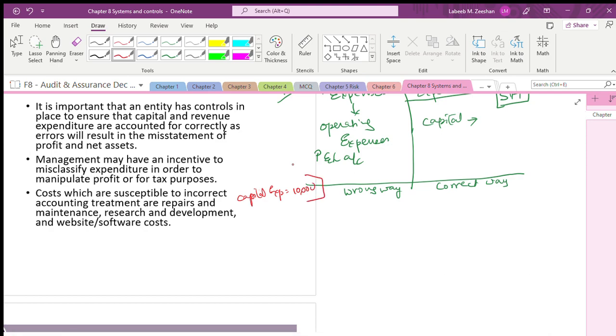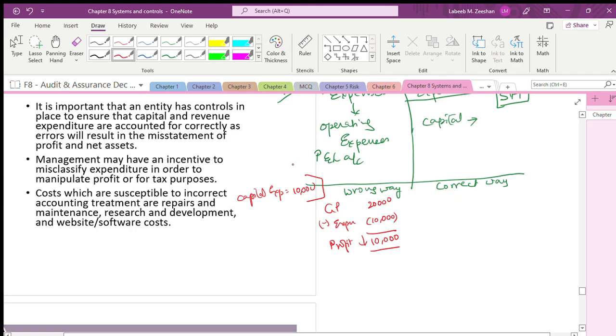Wrong way: we have the gross profit, and from the gross profit we make it an expense. Assume gross profit is 20,000. We are going to reduce 10,000, and automatically profit will decrease by 10,000.